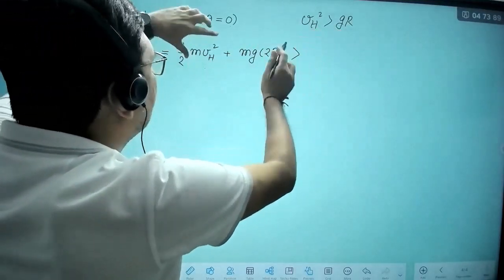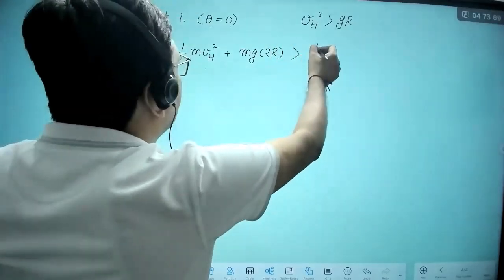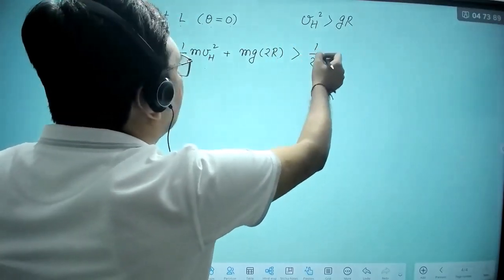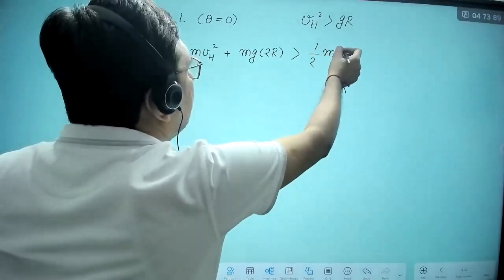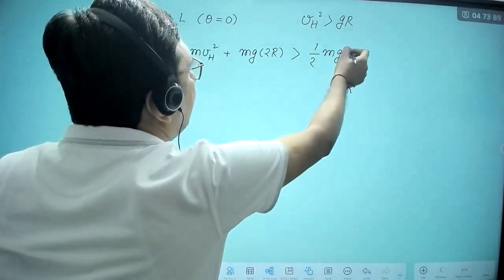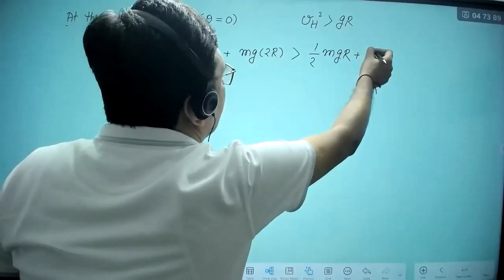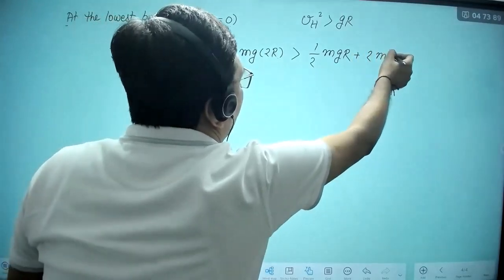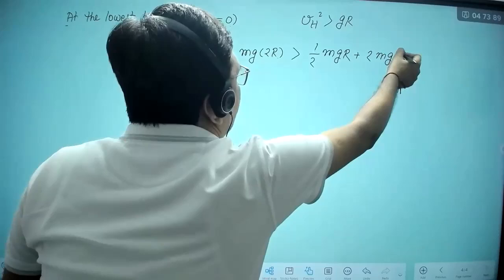So automatically this quantity will be equal to 1/2 mgr. In place of vH square, I write gr, plus this 2mgr.